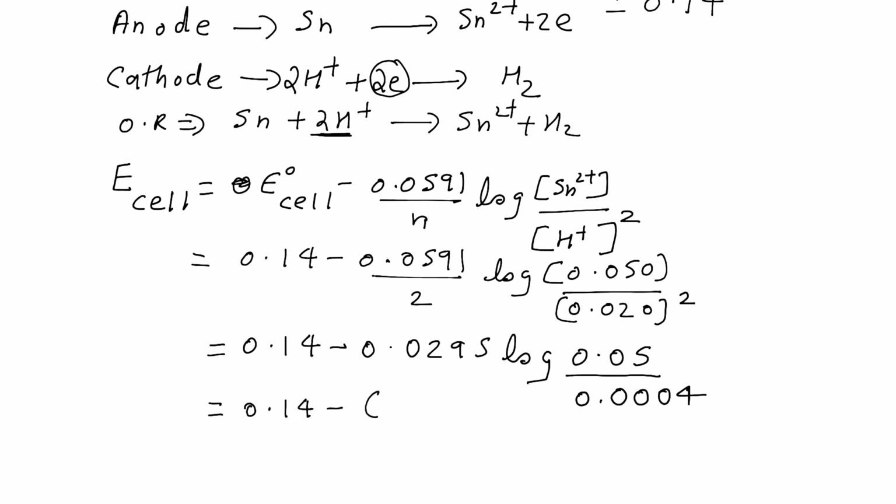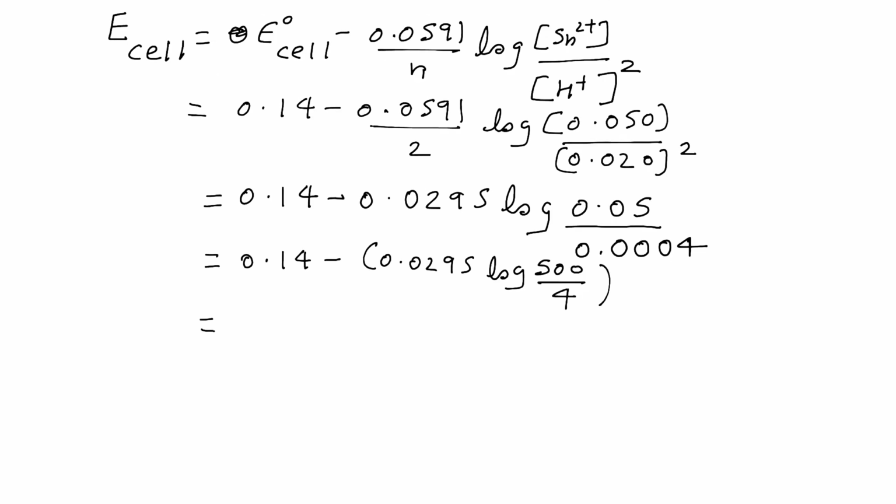Clear? Now it becomes 0.14 minus 0.0295 log. Multiply numerator and denominator with 1, 2, 3, 4, 10,000. What will you get? So you will be getting 500 by 4. Clear, right? Multiply with 10,000 on numerator and denominator.